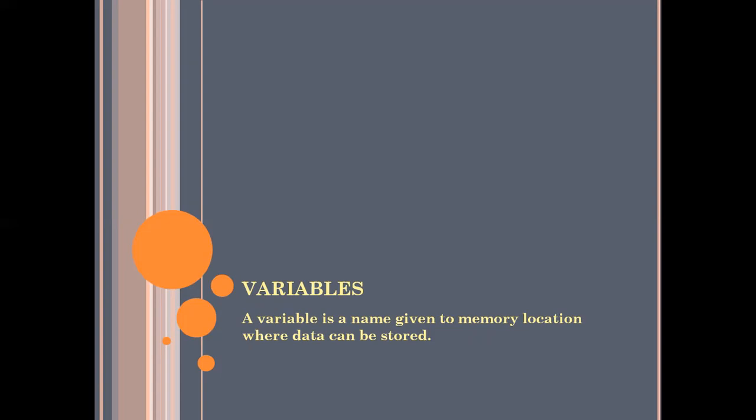That's why its name is variable. Look at the name, variable. Its value keeps on changing, varying during the execution of the program. Constant means its value is never going to change.